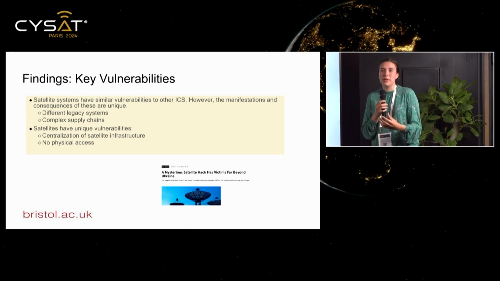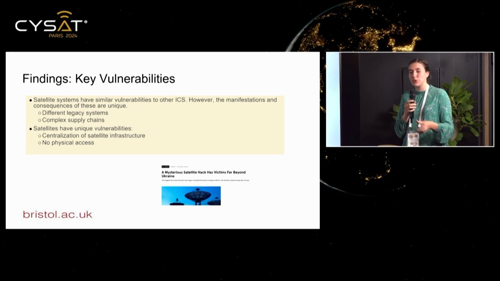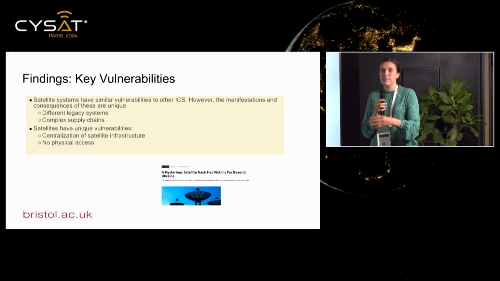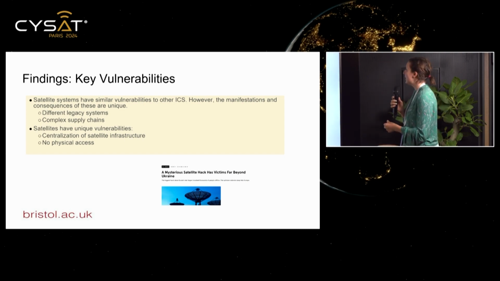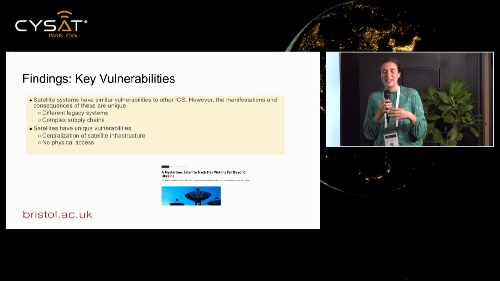And it's a unique vulnerability, because if attackers can get into that ground infrastructure and have control and manipulate procedures taking place on the ground, they might be able to have access to extended ground infrastructure across land, but also within space as well. And that's because of this centralization of the management of satellite systems.